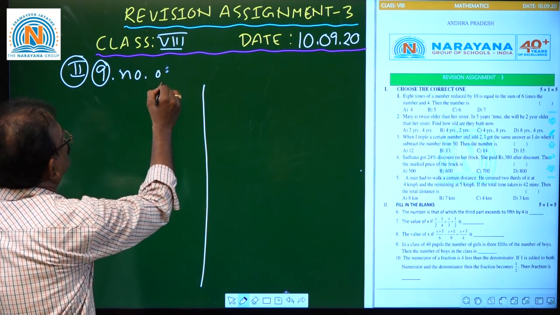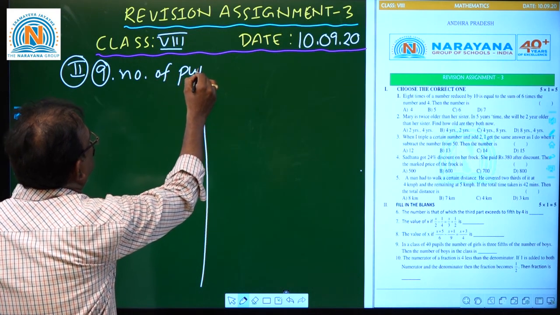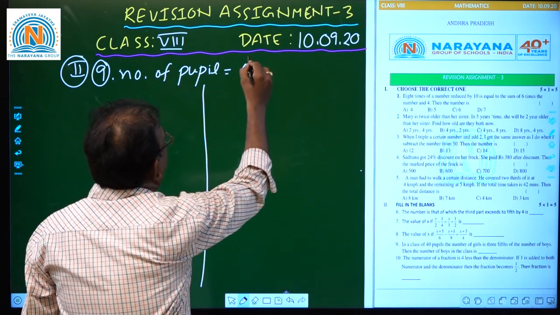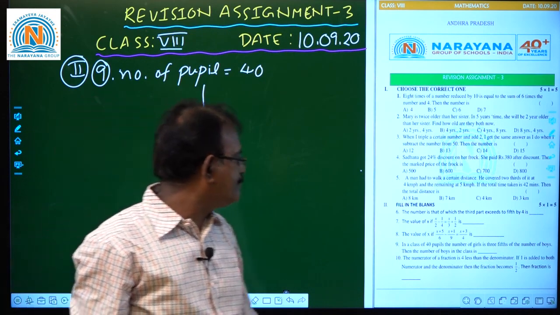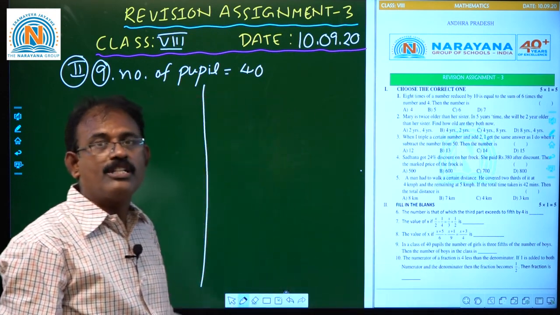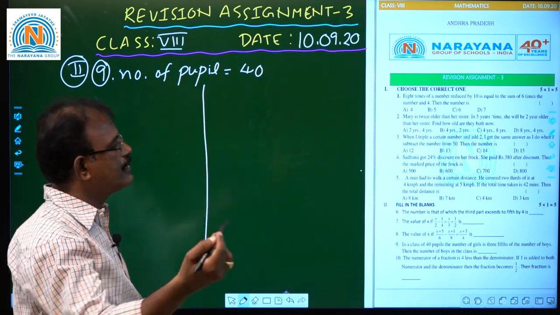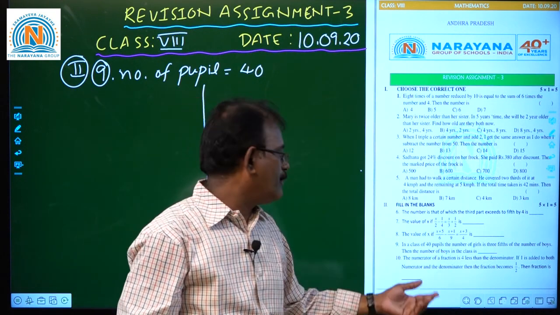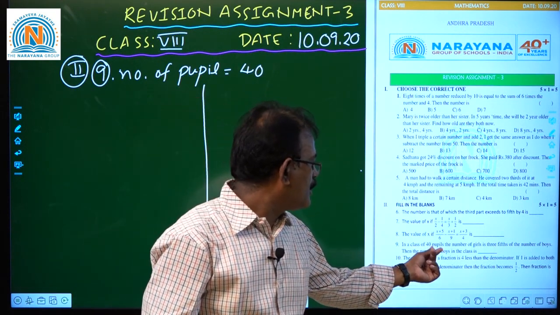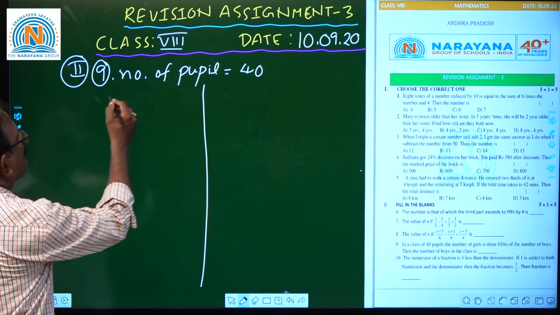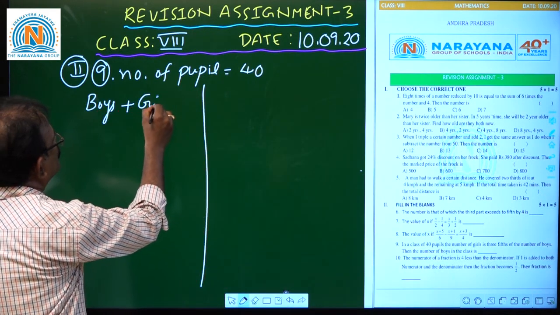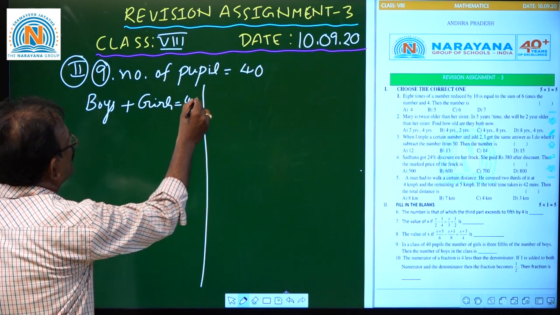Number of pupil, that means students. People are from the society, and elder ones, everybody are elder people. Now the total number of people in the class means boys plus girls is 40.